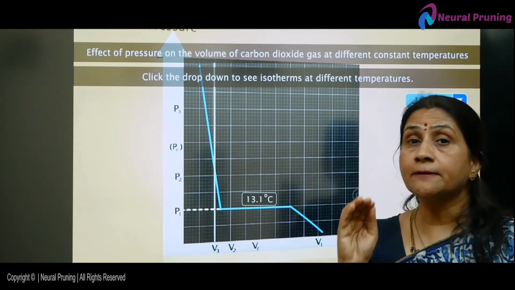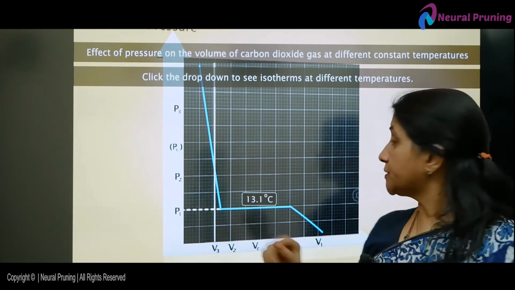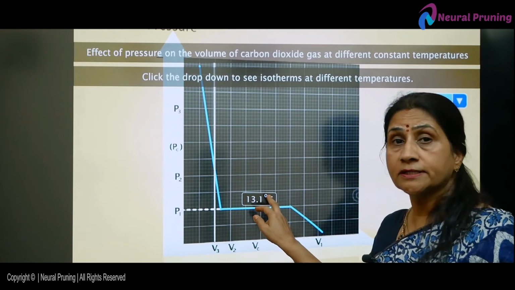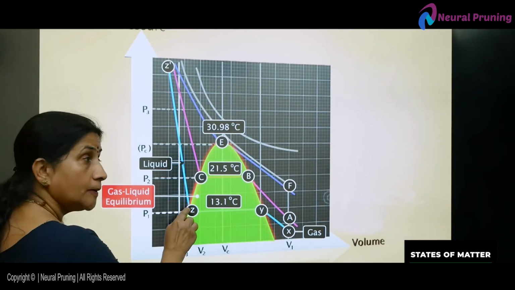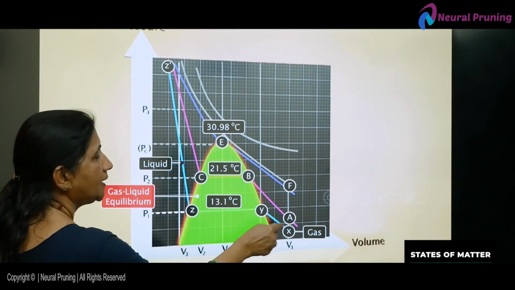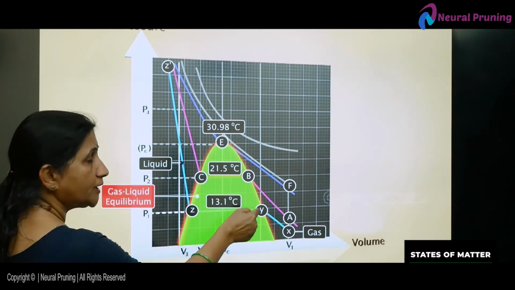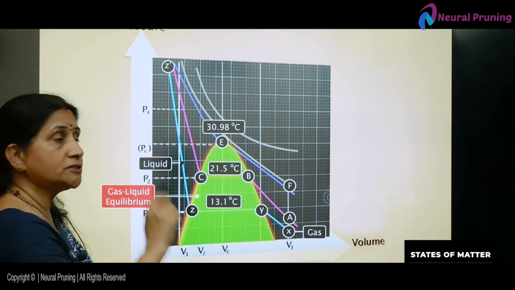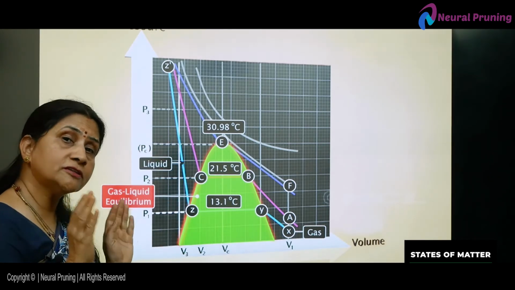Next, let us observe the shape of the curve when we vary the temperature. At 13.1 degrees Celsius, the curve is like this. When we join all the points, here we have Y and B. This point indicates where the liquefaction starts, and this point indicates where the liquefaction completes.